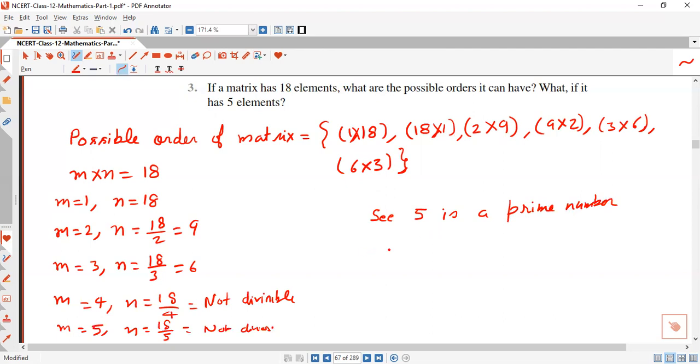So the possible orders of the matrix will be 1 cross 5 and 5 cross 1. These are the two possible orders.